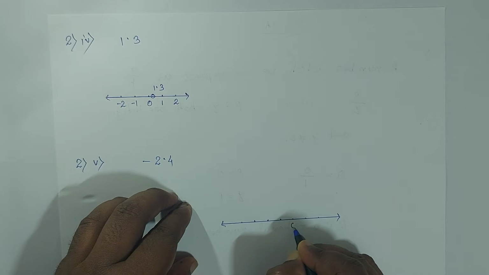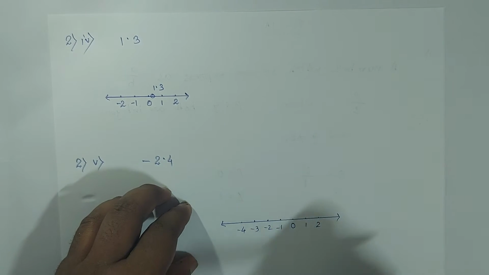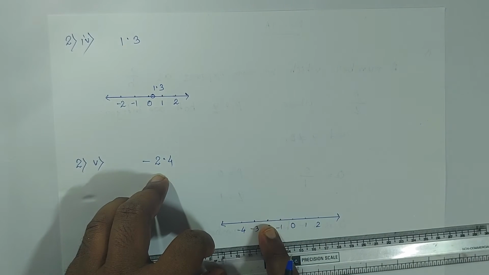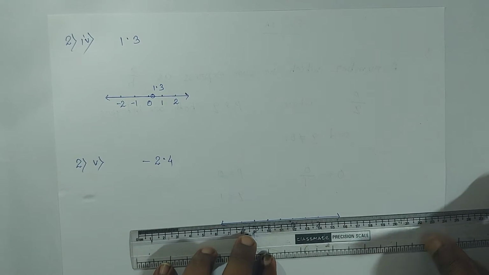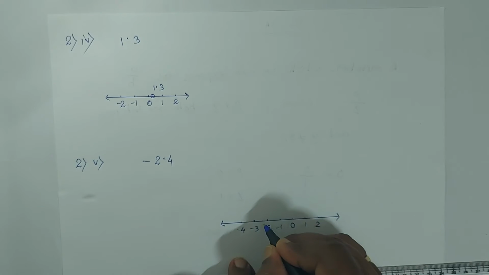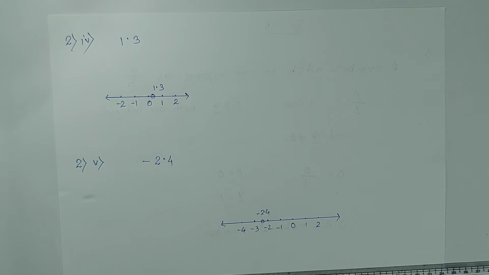Now minus 2.4. Up to this is minus 2, then 1, 2, 3, 4. This is minus 2.4. So we have plotted minus 2.4.